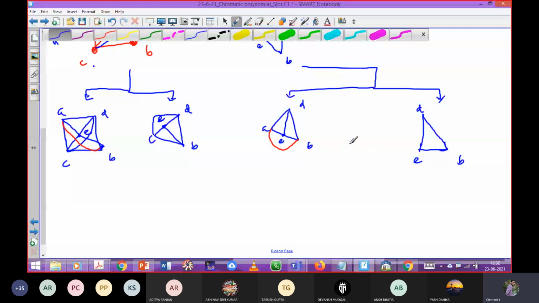After that, you can just check. You have determined all the graphs are either in the shape of a tree or in the shape of a complete graph. Okay. Can you try to say what about this graph? The first graph.